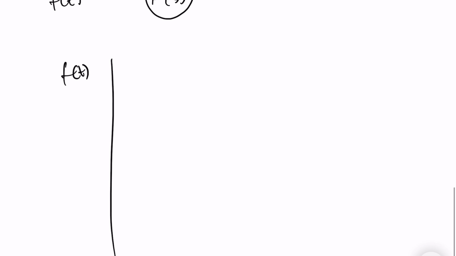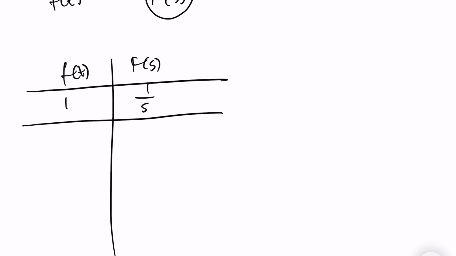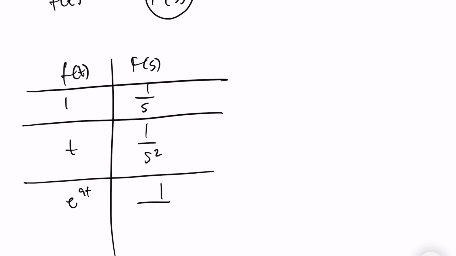So the common Laplace transform pairs: the Laplace transform of 1 is equal to 1 over s, the Laplace transform of t is equal to 1 over s squared, and the Laplace transform of e to the power of at is equal to 1 over s minus a, and then there's a lot more.